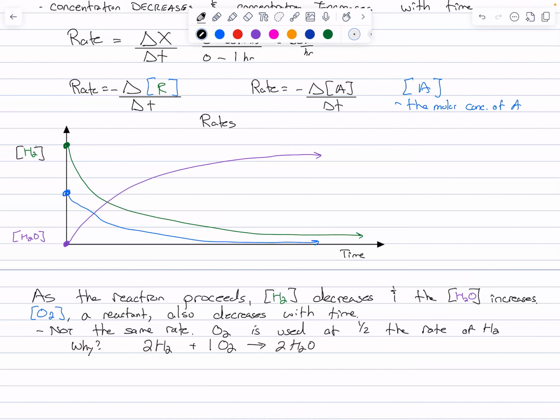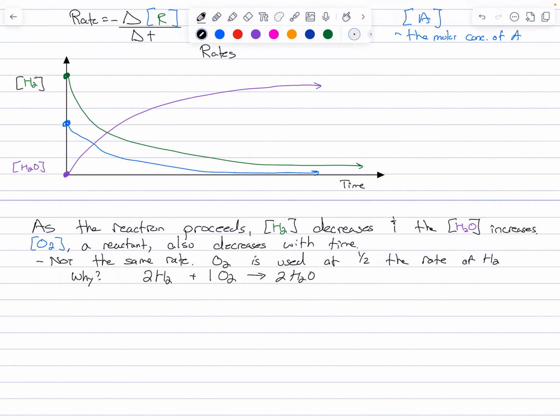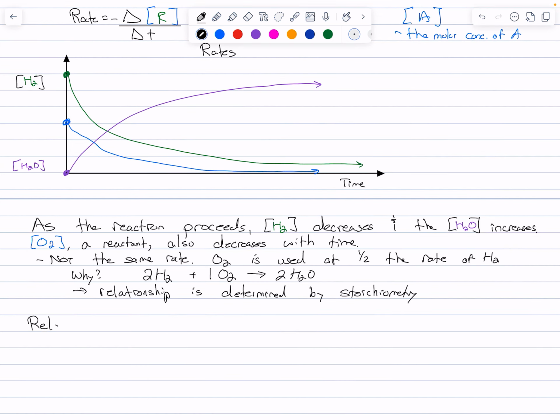And so the relationship is determined by stoichiometry. And now this leads us to the relative rate.